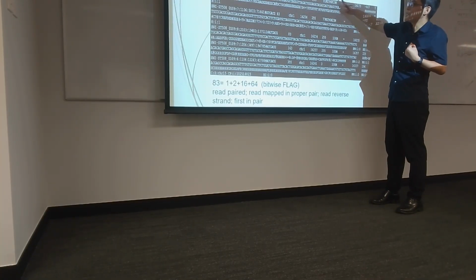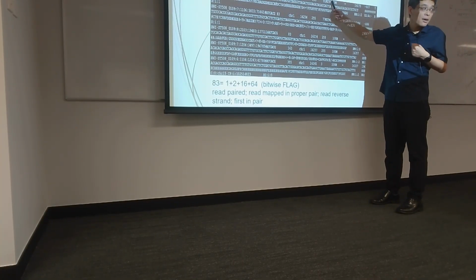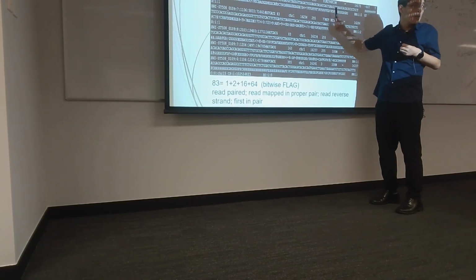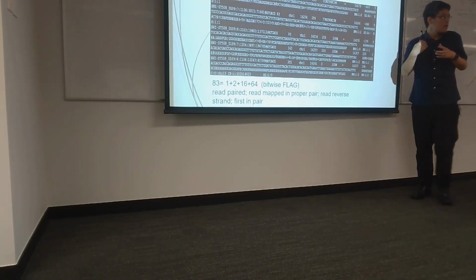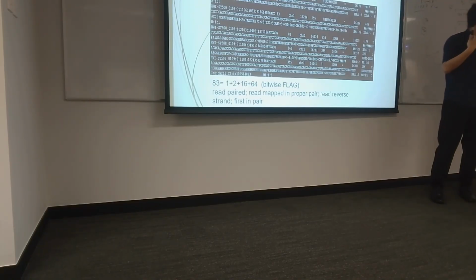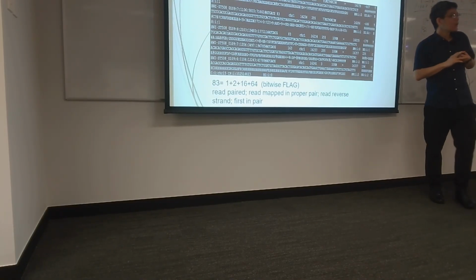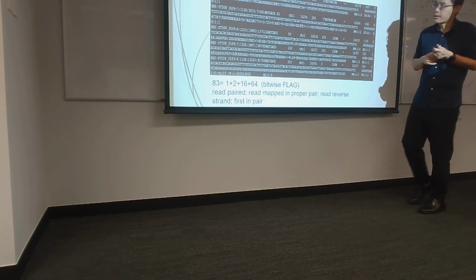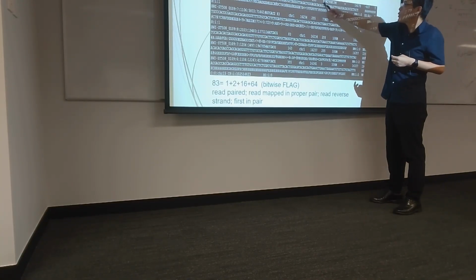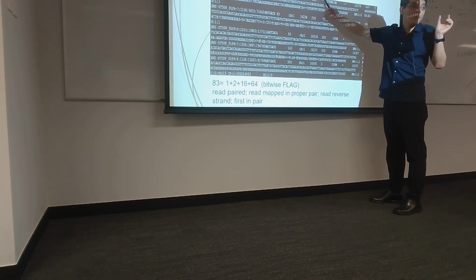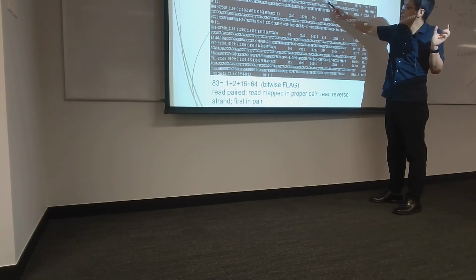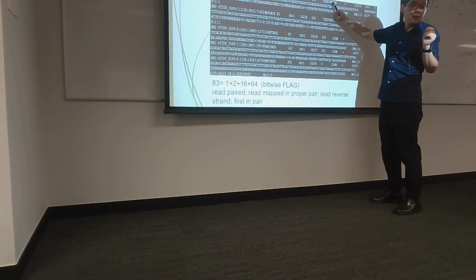Then this is the mapping details named CIGAR. CIGAR is an encoded ID for representing the quality of the mapping process. So 81M means 81 bases matched. Then there is 296N.